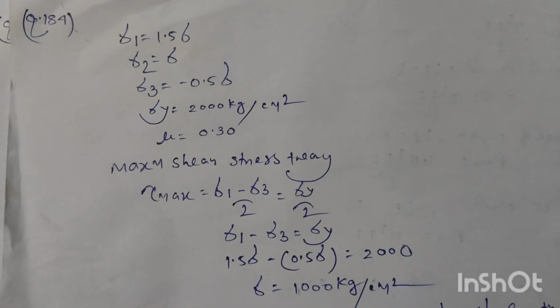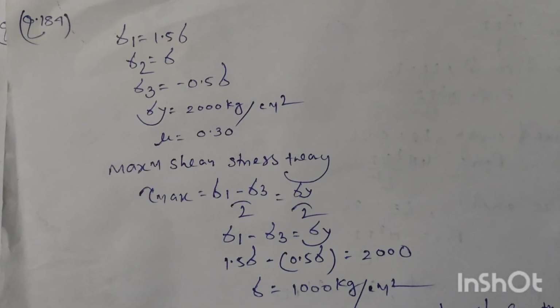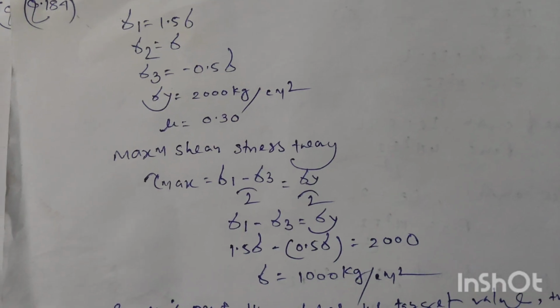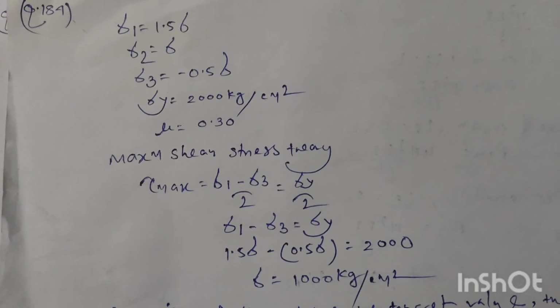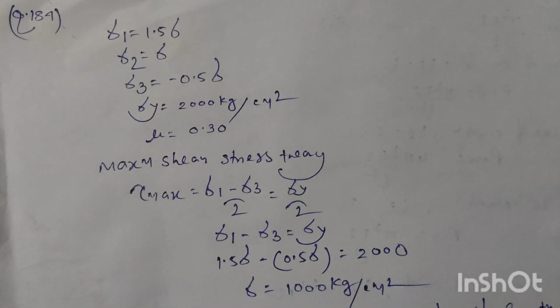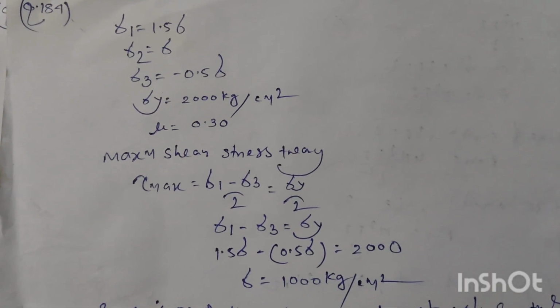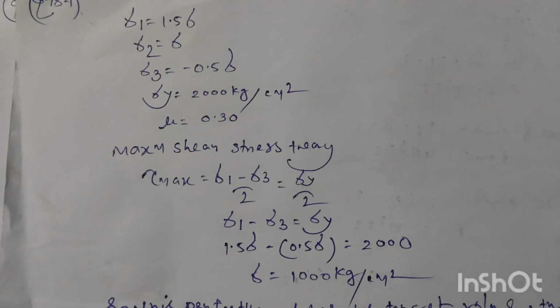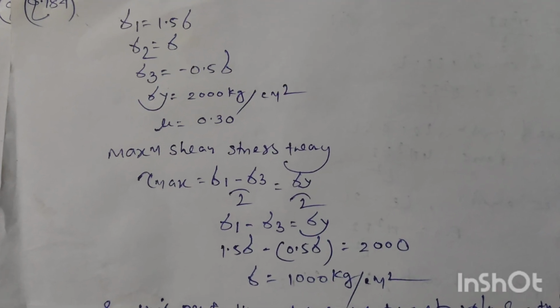So as per question, sigma 1 is equal to 1.5 sigma, sigma 2 is equal to sigma, and sigma 3 is equal to minus 0.5 sigma, and sigma y is equal to 2000 kg per centimeter square, and Poisson's ratio mu is equal to 0.30.